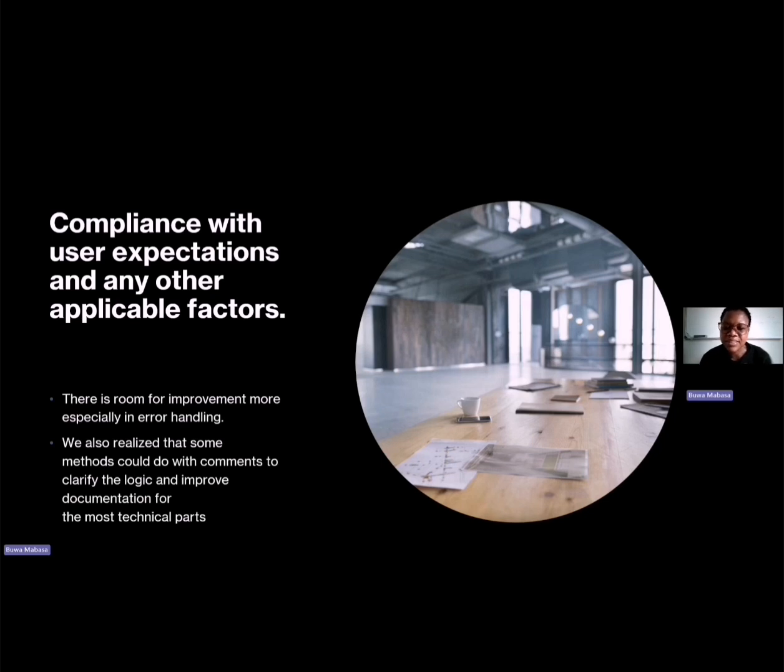When we were creating the project, we were in the developer's mind, we were not really thinking much of the end user. So things like error handling, I feel like we were not really incorporating them into the program.